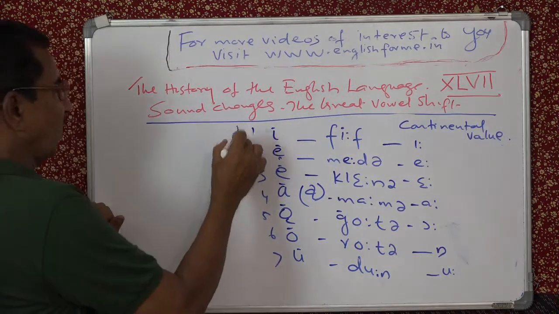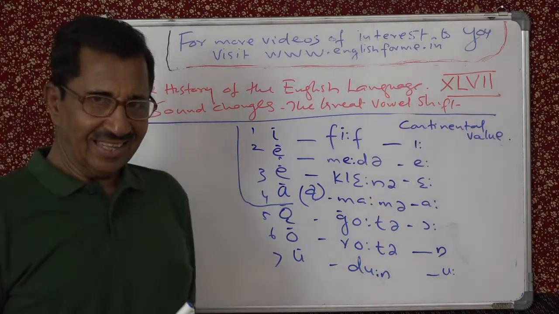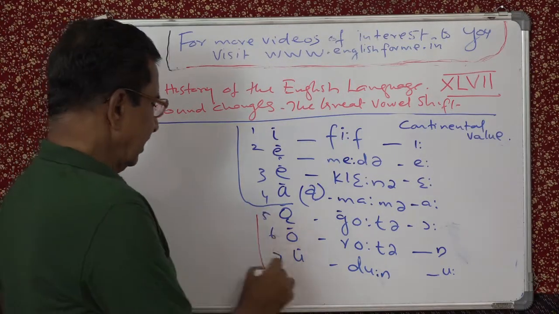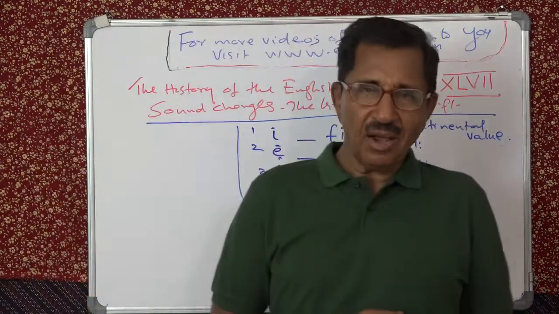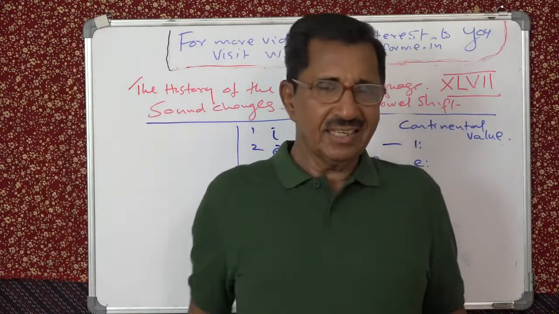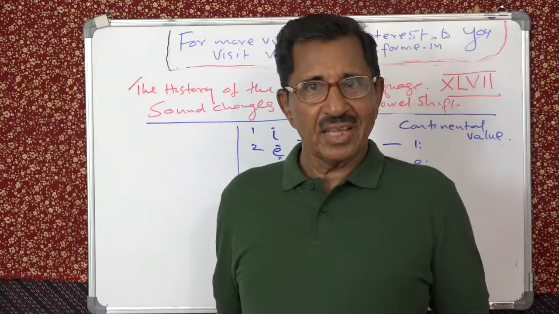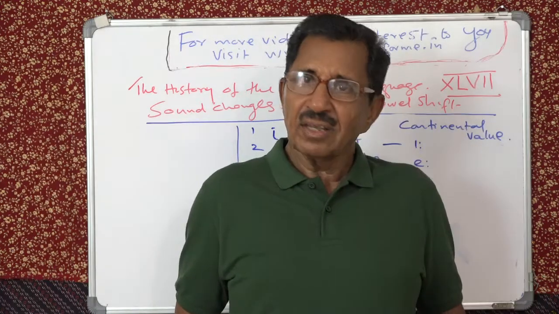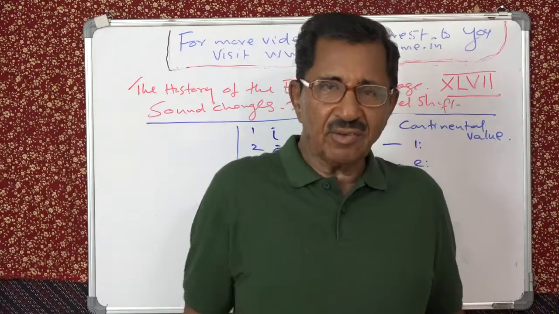So, 1 to 4 and 5 to 7. Please, two things. How many vowels were there in Middle English? 7. How many long vowels were there in Middle English? 7. What was the quality of these vowels? Continental value. What is continental value?